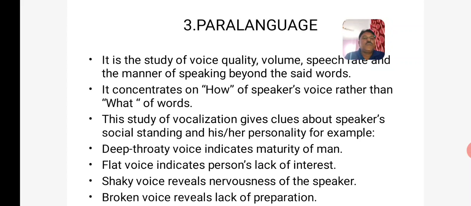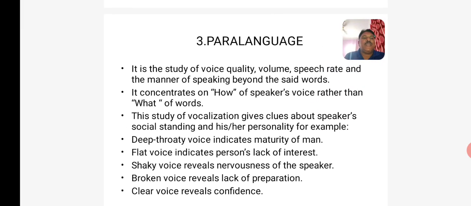It depends upon the type of voice quality he or she has, the use of volume, whether it is too high or too low, the speech rate, whether the person is speaking very fast or very slowly, or the mannerism he or she expresses beyond the said words when he or she is communicating.